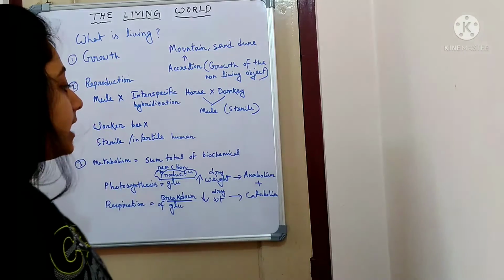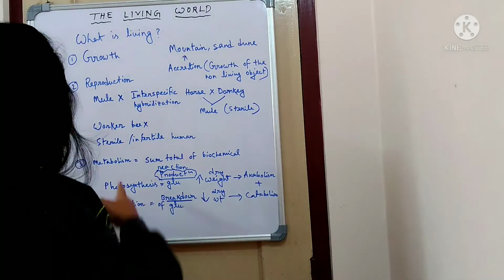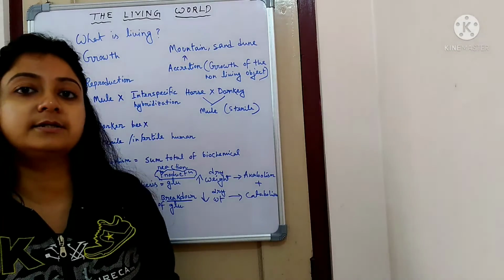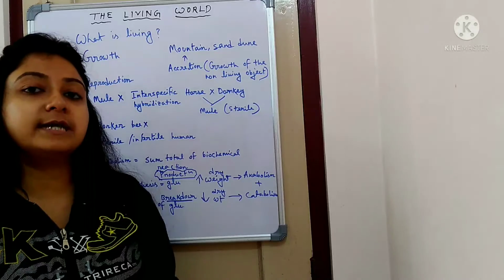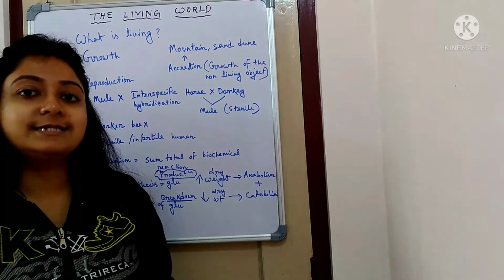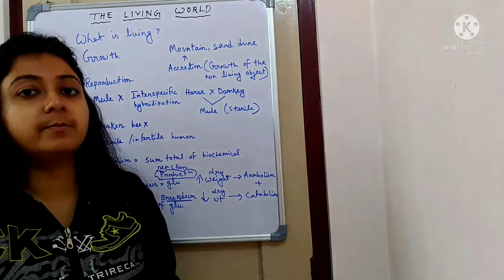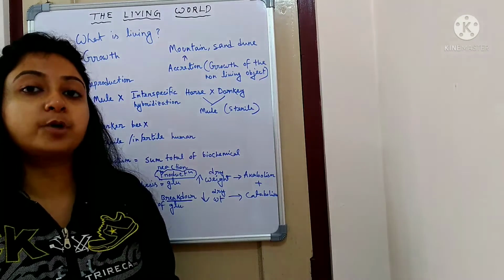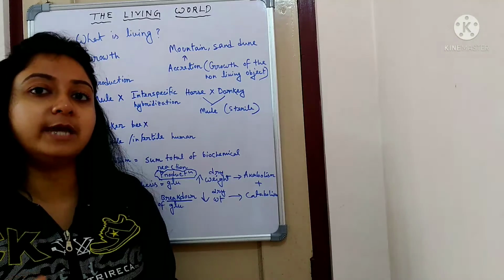So these three are the main characteristics. Now a few chemical reactions can occur outside the cell, but that is not the cellular environment. That can occur inside a test tube, in an artificial environment, but not inside any kind of cellular environment, and those reactions cannot properly happen.